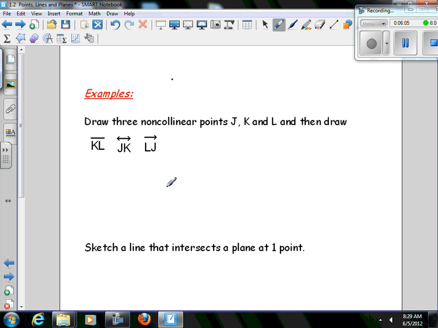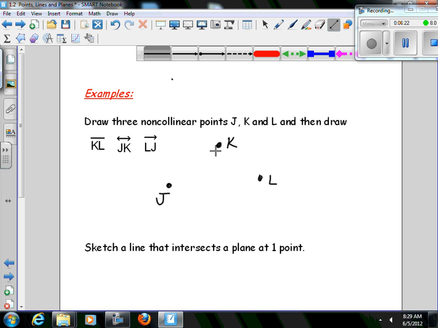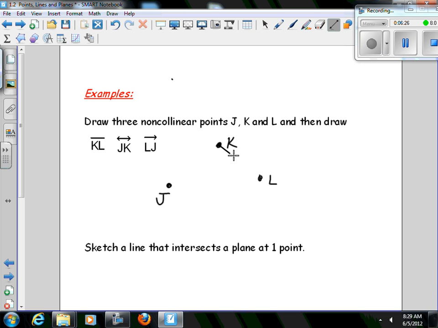In other words, we don't want all three of them to be on the same line. I'm just going to put them here randomly. So we have J, K, and L. And we want to draw segment JK. So, I'm sorry, segment KL. So we just are going to connect points K and L.